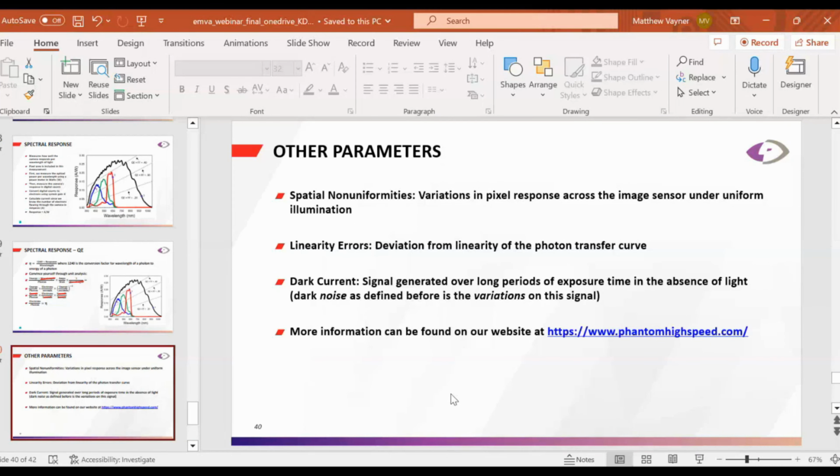You do have to consider temporal dark noise, not only for our camera, but any camera that you're looking at on the market. Dark current is just something that builds up over time, but because our exposure times are so short, it's rather negligible for choosing a high-speed camera, which is why we include it here for completeness in the other parameters, but it's not something that we would consider as paramount as temporal dark noise when it comes to measuring sensitivity. Thanks, Matt.